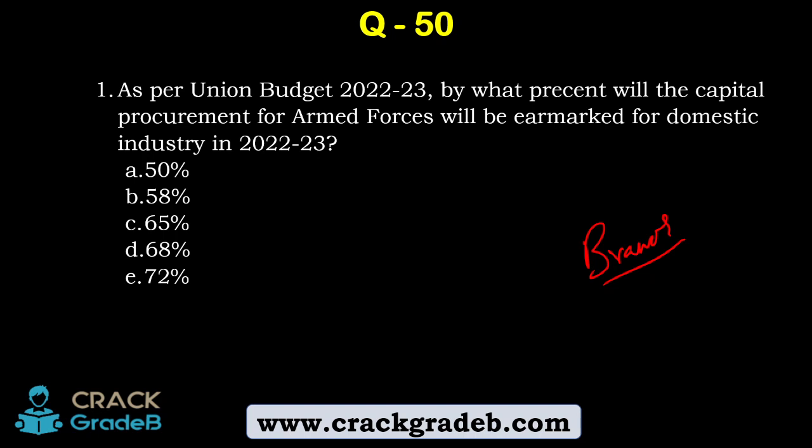So again, there is a reason for ending this lecture with one beautiful question. And I'm very sure either BrahMos or a question related to this will be asked in the paper, because this is a very big and booming sector anywhere in the world. Even in the United States, it is a booming sector because of the huge amount of money involved. Even if you buy one single thing, the amount is huge.